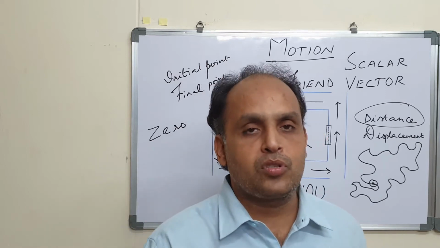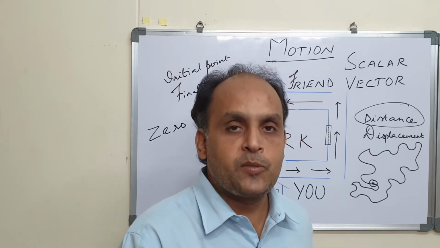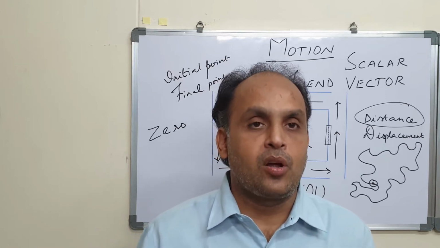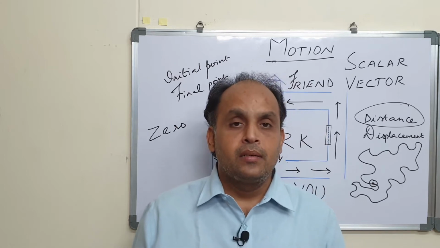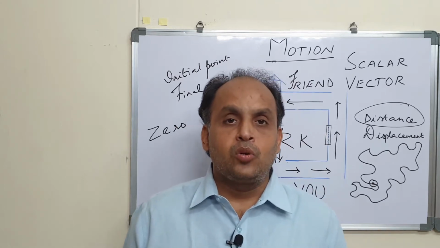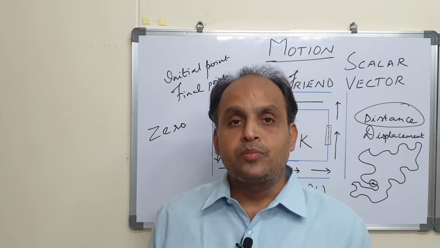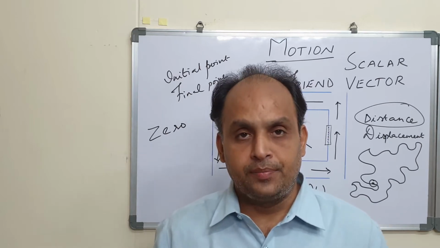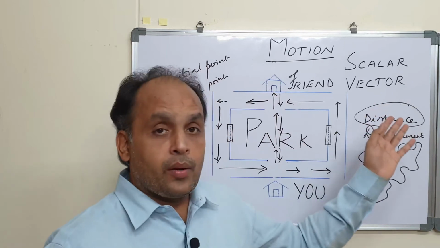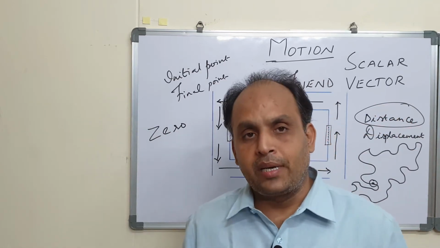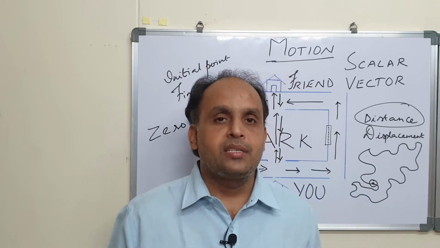It may be force or weight or displacement, and some other quantities we will be learning in this chapter which are also vector quantities. So, vector quantities are those quantities which are expressed in magnitude as well as direction. Okay? So, displacement is a vector quantity, whereas distance is a scalar quantity.